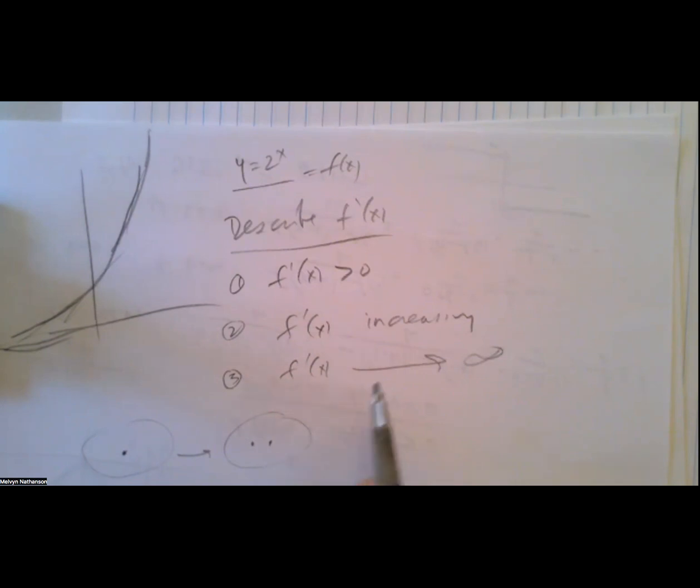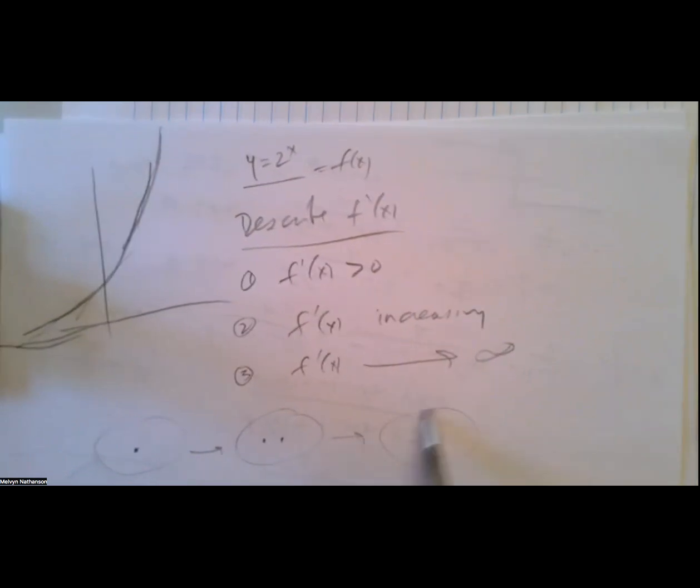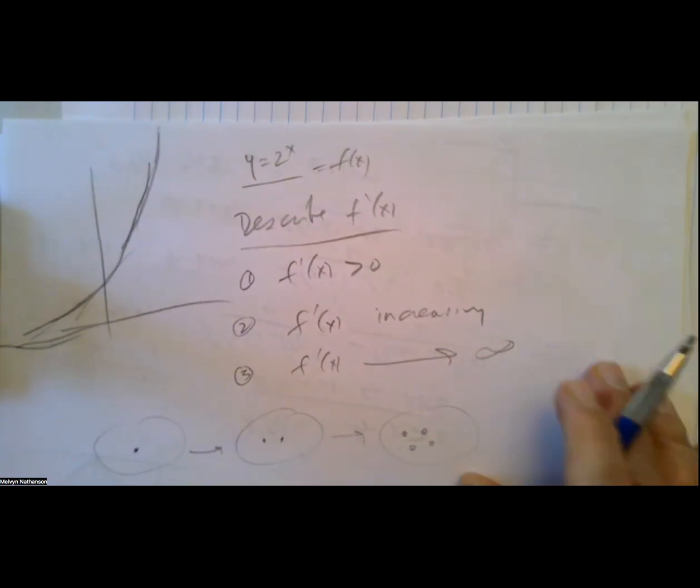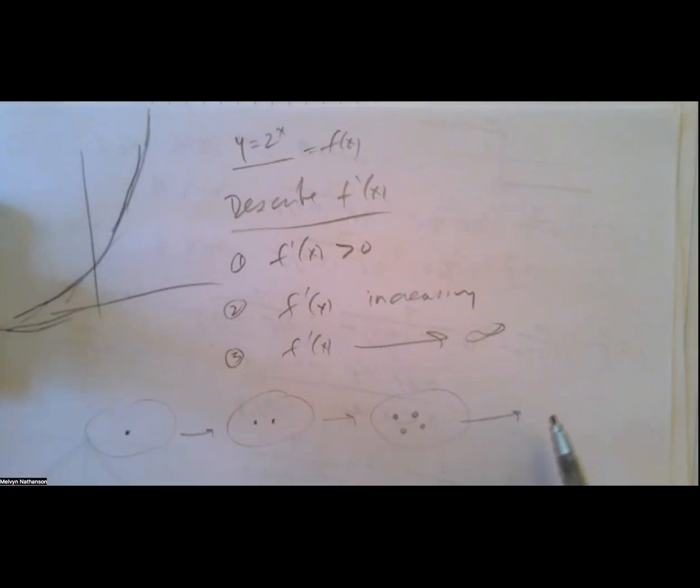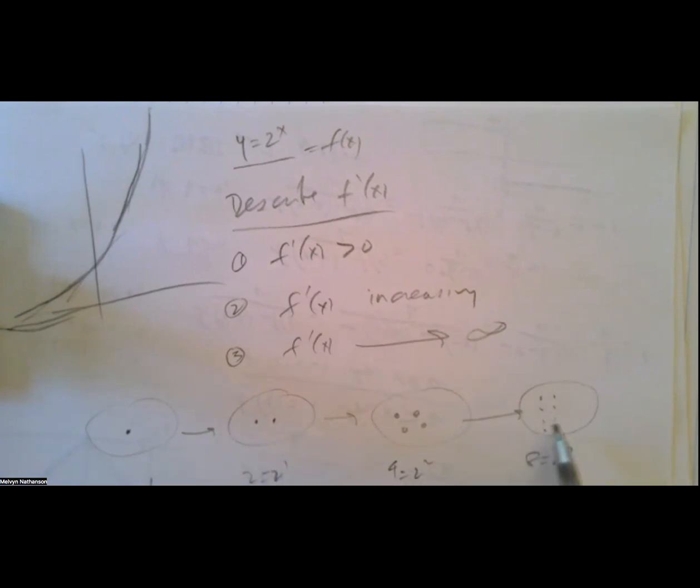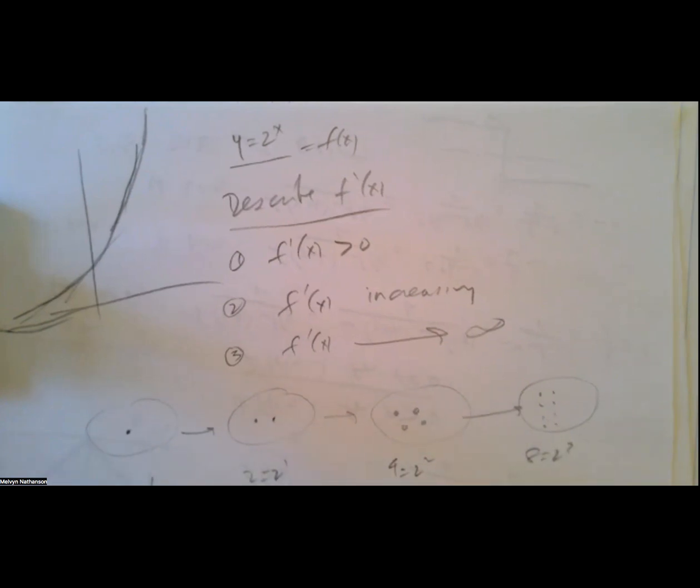So 10 minutes later, you have 2. And 10 minutes later, each of these divide, and you have 4. And 10 minutes later, these each divide, and you have 8. And this function is increasing, we say, exponentially. The number of bacteria at time n will be 2 to the n.